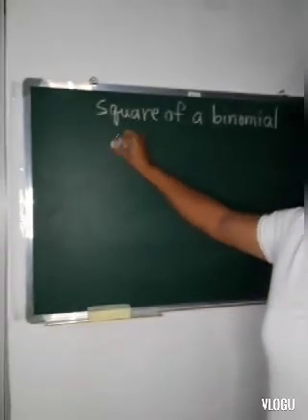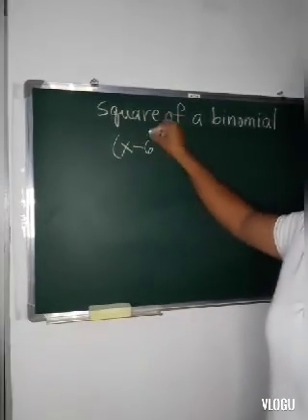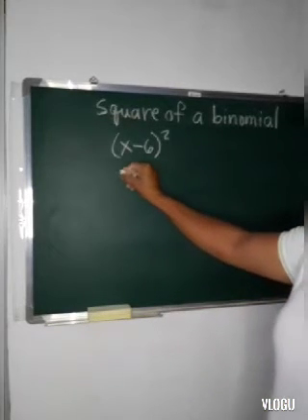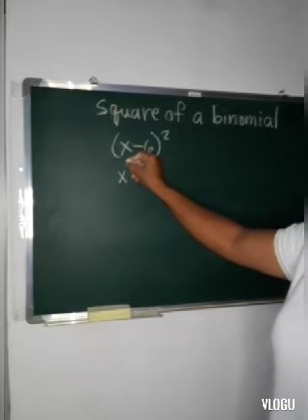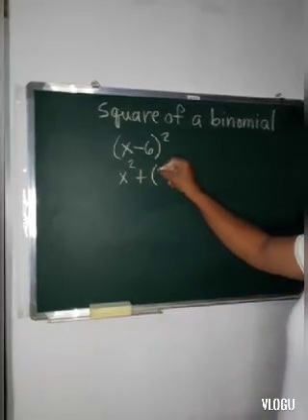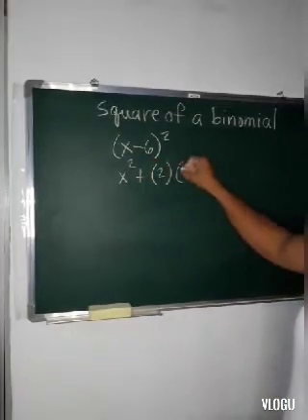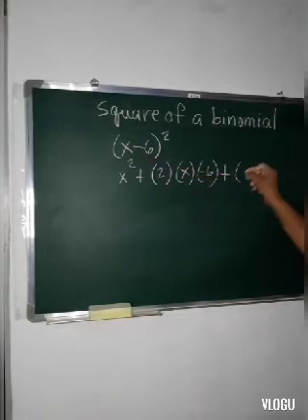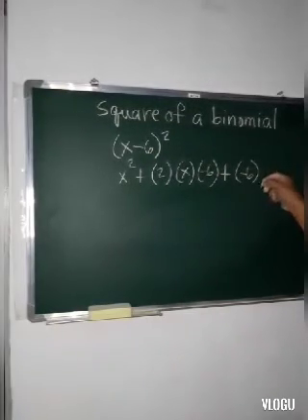More examples. X minus 6. This is easy. Squared. Okay, so square the first. Next, plus twice the product of the first term and the second term. Plus, square the last term, negative 6. Always include the sign.